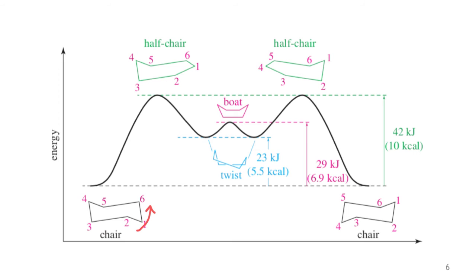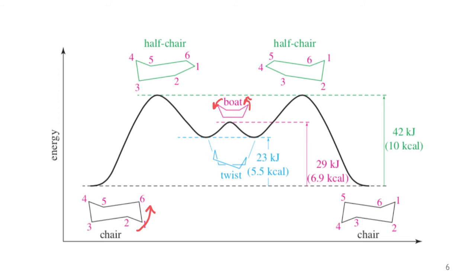Essentially, we're moving this end of the boat out of the plane and this end of the boat into the plane and giving it a torque. And so there are, in reality, 2 different twist boat conformations that represent relative energy minima. But you can then continue on through a different half chair. Notice the numbers. And then that would fall into our other chair conformation.